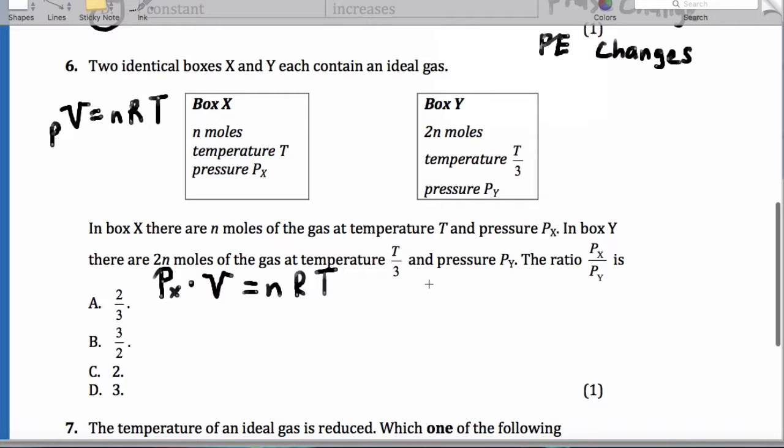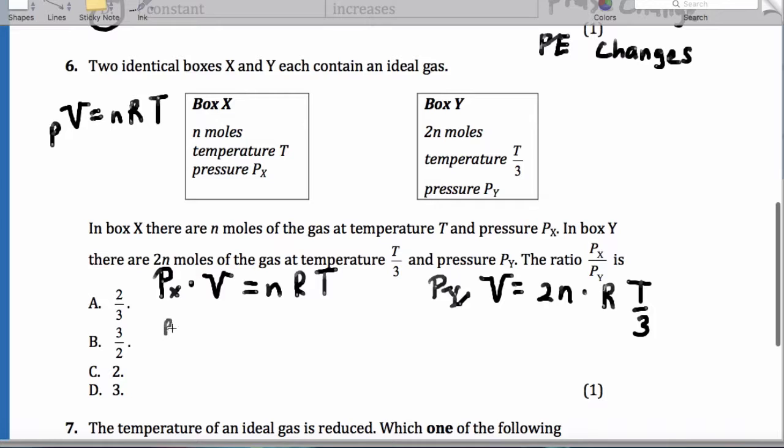And then for box Y, we have Py times V equals 2n times R times T over 3. And now what we're going to do is divide these two equations to get the ratio of Px to Py.